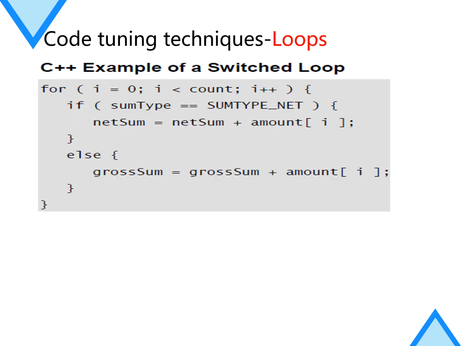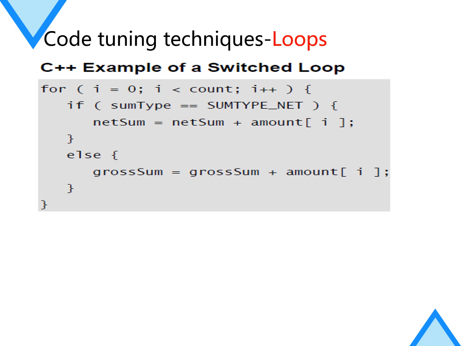Here is one example. For i starts from 0, i less than count, i plus plus. This is a C++ loop in which the loop is switched, meaning we have put the condition inside the loop. If sumType equals sumType_net, netSum equals netSum plus amount[i].